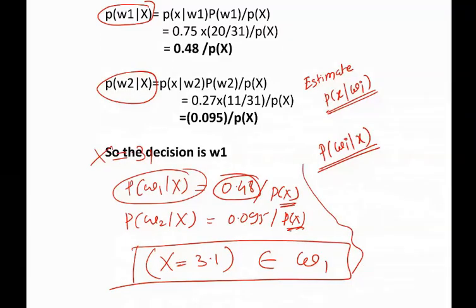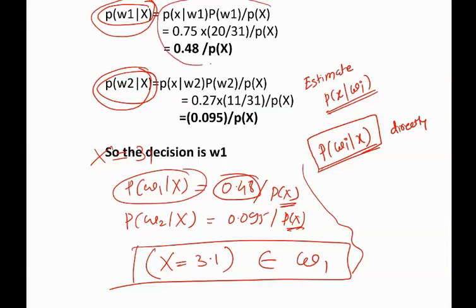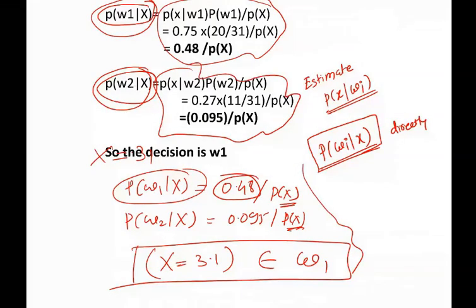Now, if it is possible to calculate this quantity directly, if I am able to calculate the posterior directly, so this left hand side, I need not do all this. I am not interested in the right hand side, I am interested in the left hand side actually, so that I can take this decision.